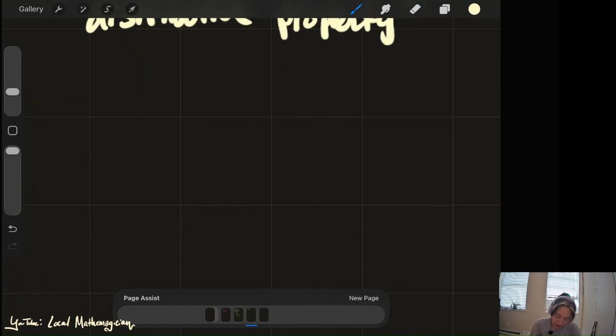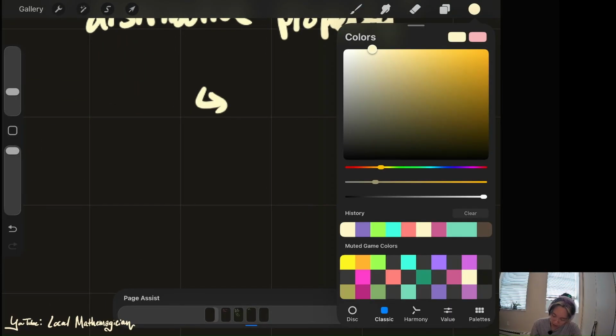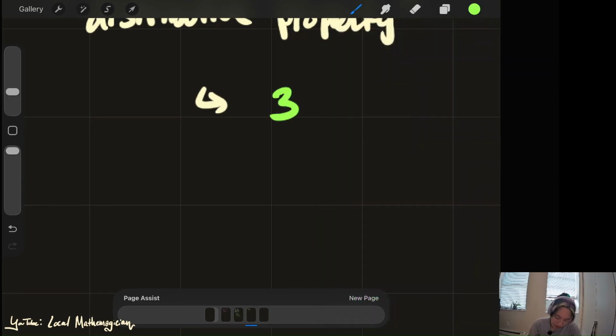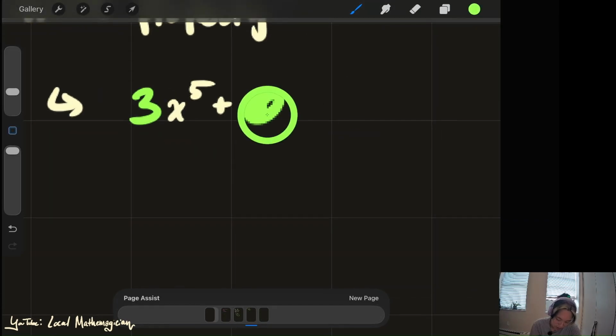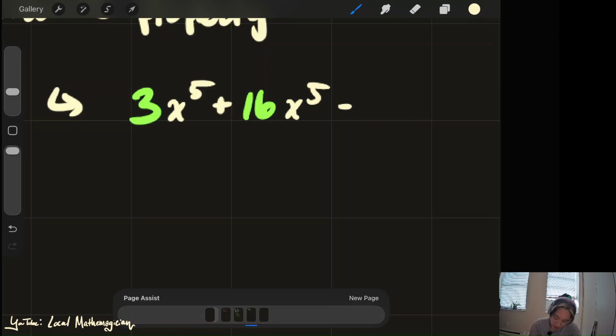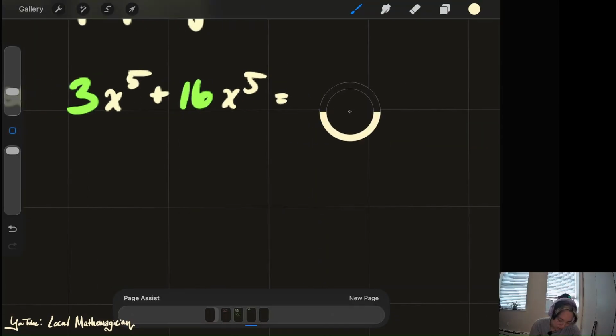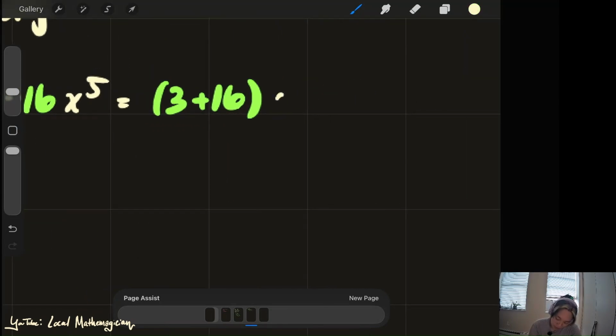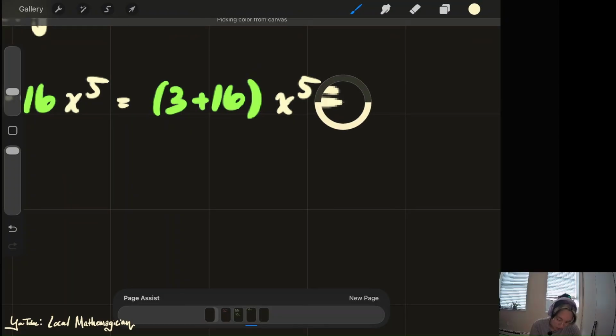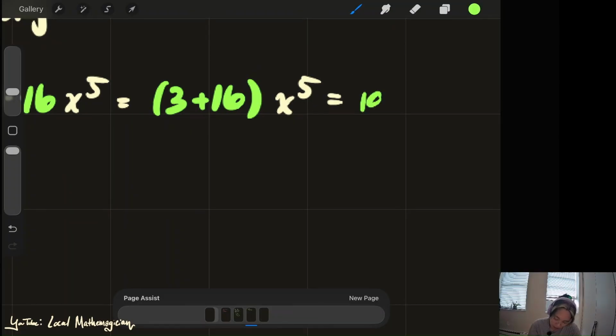By that it means, in the same way you know that 3x to the 5th plus 16x to the 5th is the same as saying 3 plus 16, because you can factor out the x to the 5th, which is going to equal 19x to the 5th.